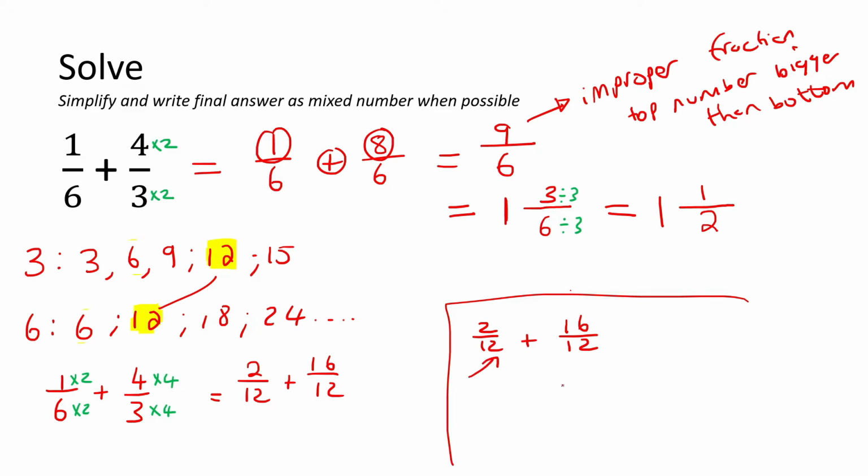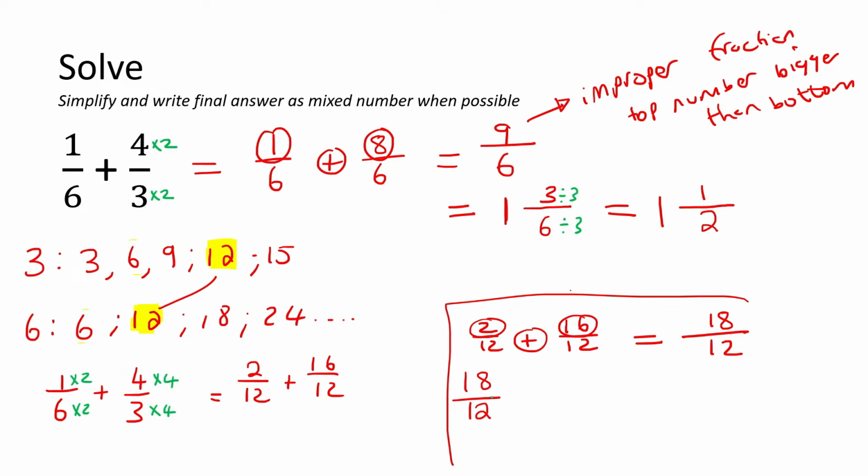Now, if these numbers at the bottom are the same, then we leave it like that. And then you just say 2 plus 16, which is 18. Now, we can either convert this into a mixed number, because it's an improper fraction, or we can first simplify. It doesn't matter which way you do it. I'm actually going to first simplify.